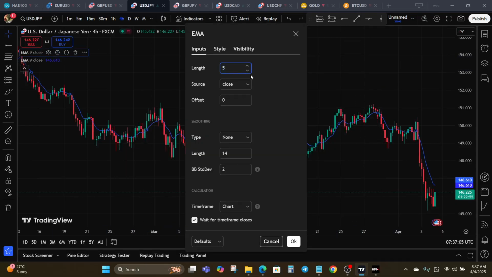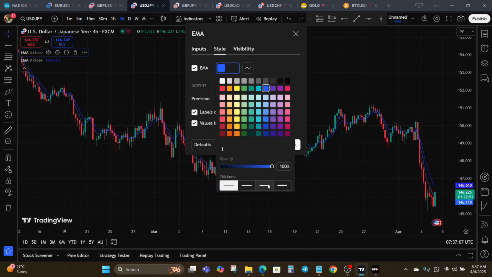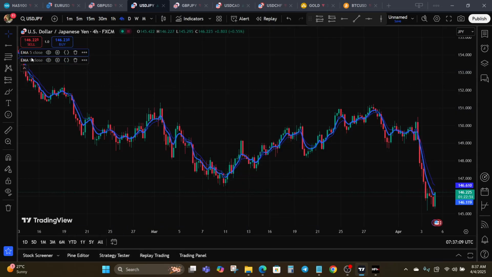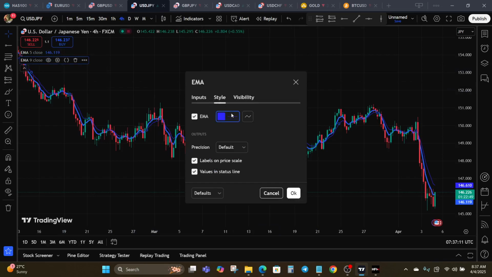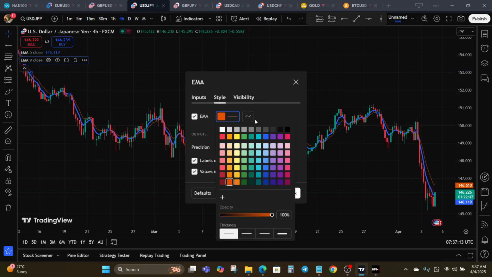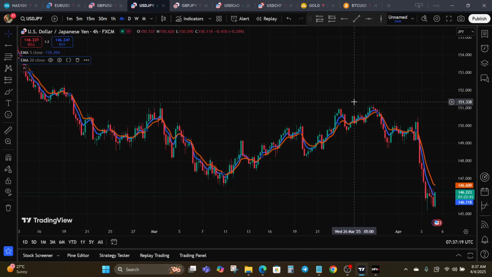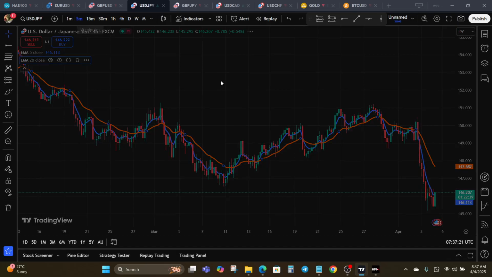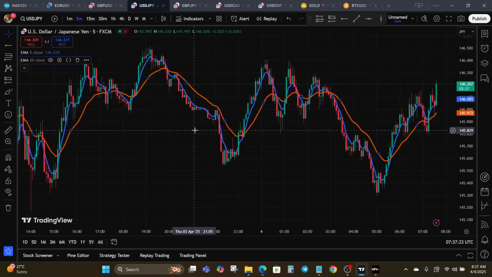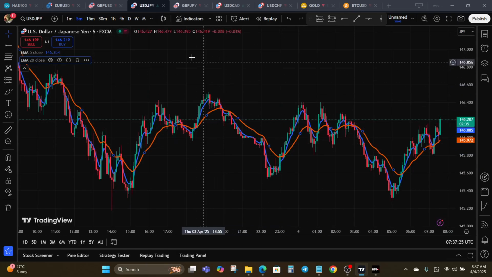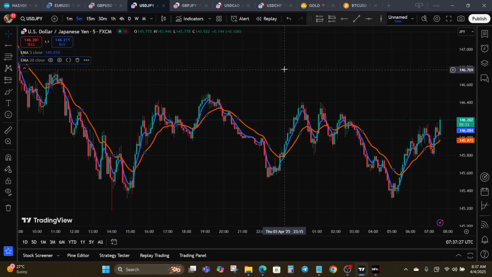Change this to 5. Just make this tick. Change this to 20. Change the color as well. And then we are going to be using these EMAs on the 1 minute or 5 minute chart.